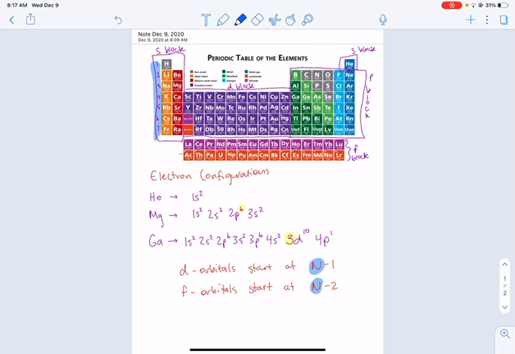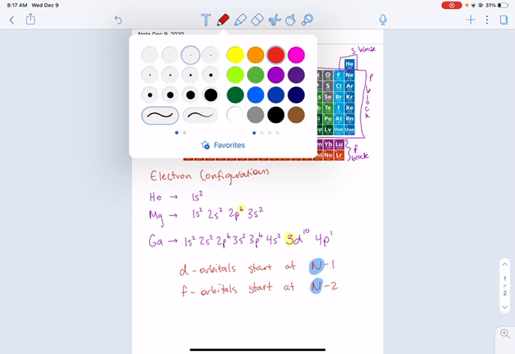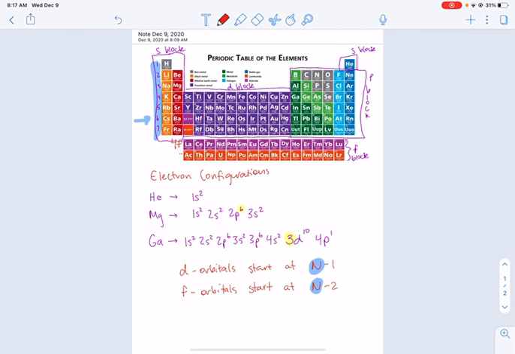So S and P, they are exactly that. So if you're on the 4th row, the S and the P orbitals are 4s and 4p. But if you're on the 4th row, those d orbitals are going to be 4 minus 1, so it's going to be 3d. Once you get down to the 6th row, you'll see that we start with the f orbitals, which are going to be 4f, right? n-2, 6 minus 2 is 4. Once we go to 7, those would be 5f. So this is important. All right.